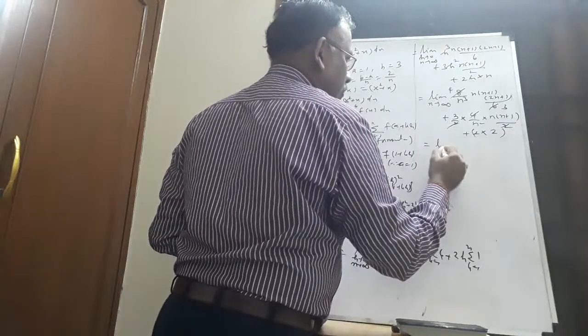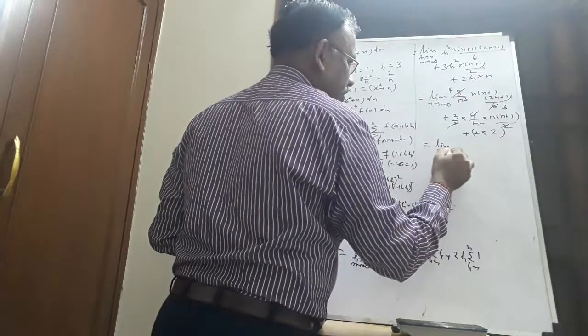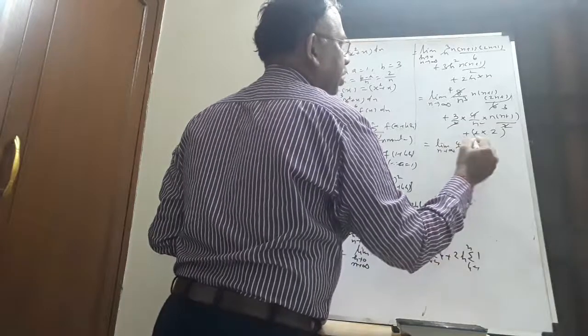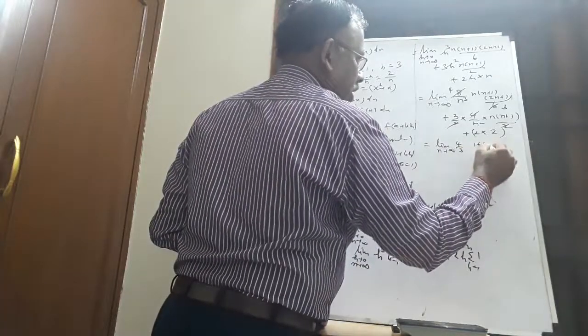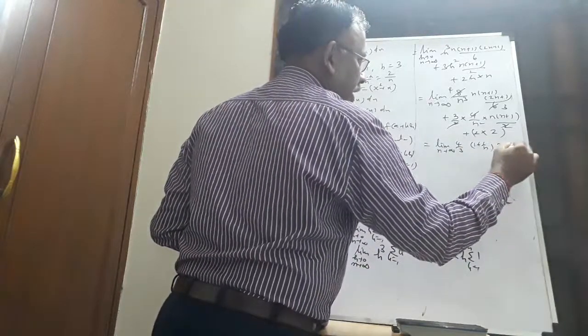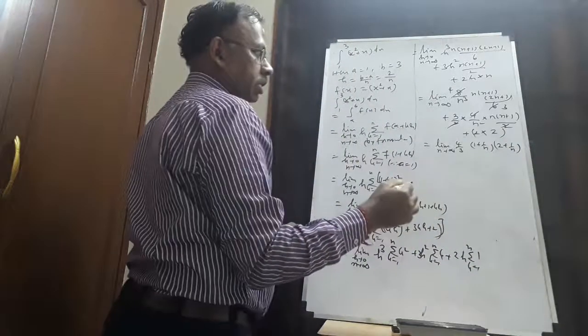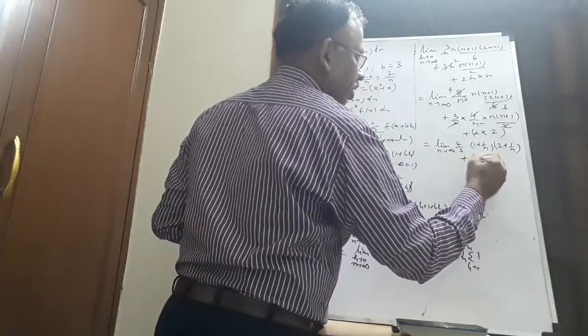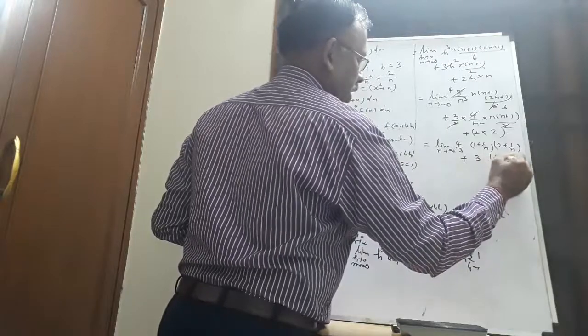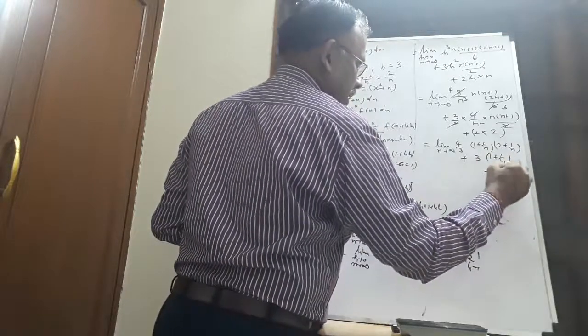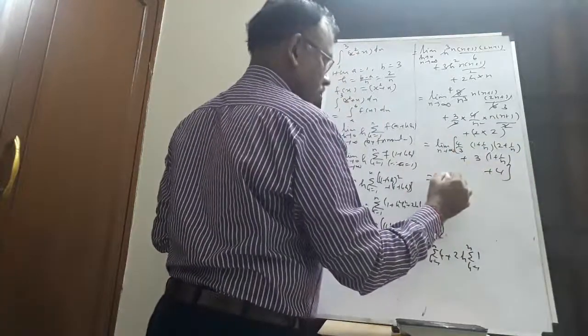Therefore, this is reduced to limit n tends to infinity of 4 by 3 into, I will divide 1 n by this, I will divide 1 n with this, then I'll end up with 3 into (1 plus 1 by n), plus I end up with 4.